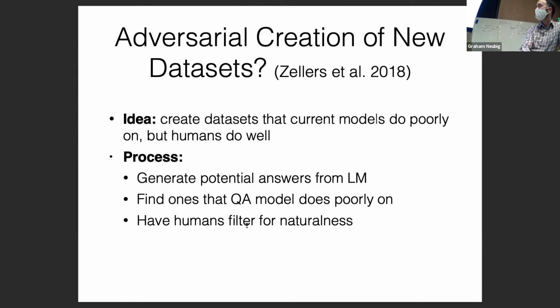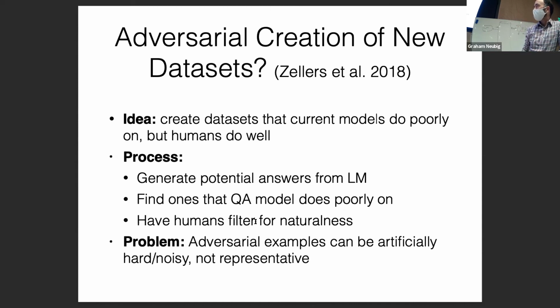And because you're having humans filter for naturalness, supposedly they're natural. However, when actually looking at adversarial data sets, the examples can be artificially hard or noisy. And more importantly, they're not representative of the things that people would actually create in the real world. So you're skewing the distribution from the things that you actually want your model to be working on well.